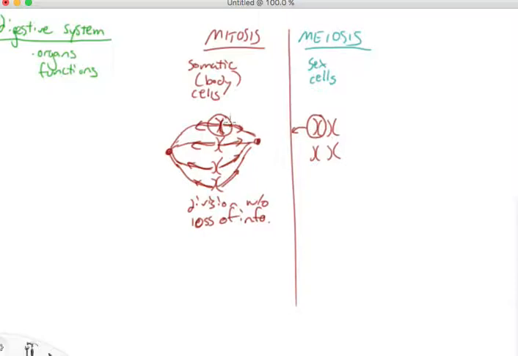Before, that chromosome was split in half. But in meiosis, this whole chromosome goes over there, that chromosome goes over there. So after the first part of meiosis, you halve the amount of information in the cell. That's why we call the resulting cells haploids. So division with loss of info.